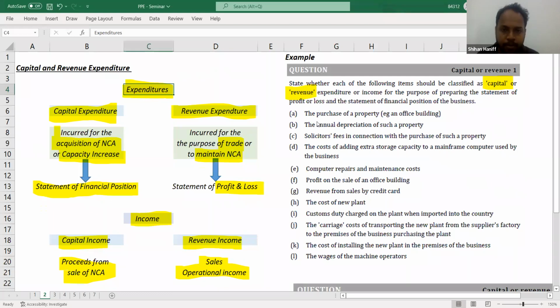Okay, I'll give a few minutes. Can you all try? There are 12 expenses. Let's see whether you all can do this.